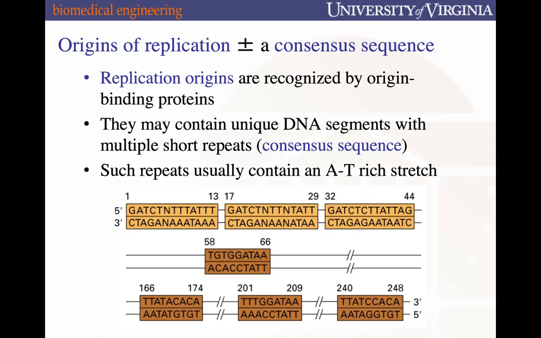But with eukaryotic DNA replication, we do not have these consensus sequences, and we have far more replication origin sites, tens of thousands. These sites are less well understood in mammalian DNA replication, but in prokaryotic cells, it's these consensus sequences where DNA replication begins.